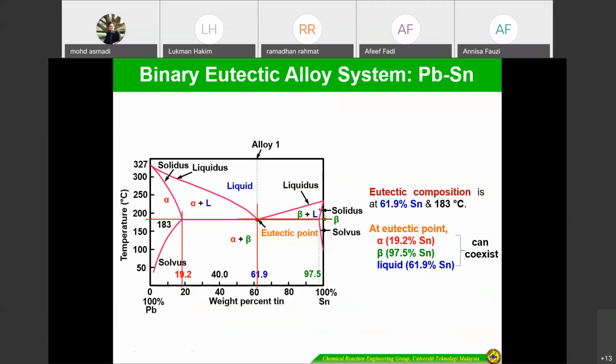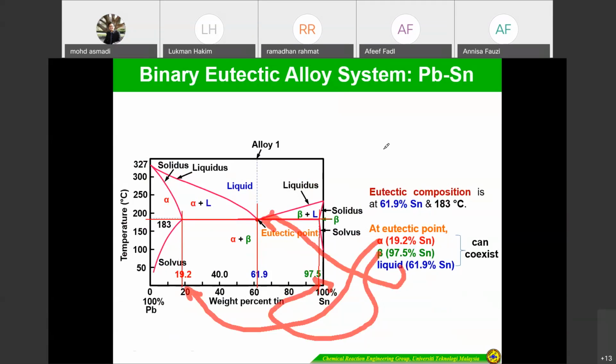This one you draw a straight line, and this one also you draw a straight line. So you can know the composition at the eutectic point. Easy, right? This one here, this one here, and this one here, at the eutectic point.